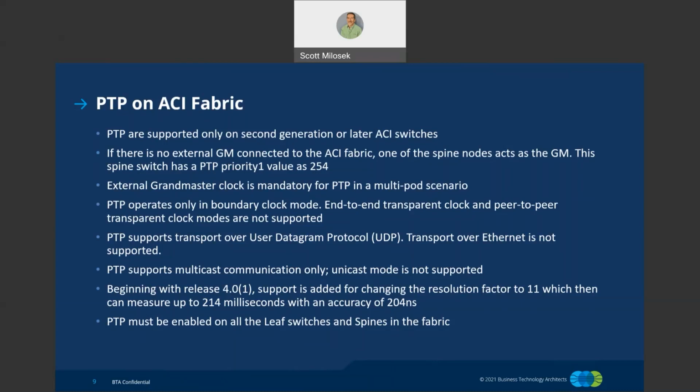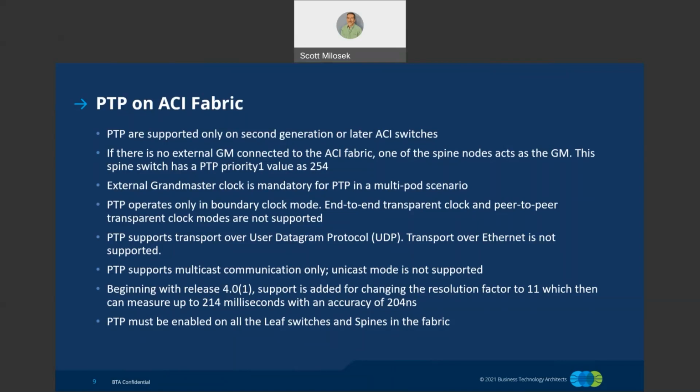This spine switch has a PTP priority of 1 and a value of 254, and that's the default value. You can manipulate that so that when the clocks go through their election process to determine who the best grandmaster is, you can influence that process by using, for example, that priority value.